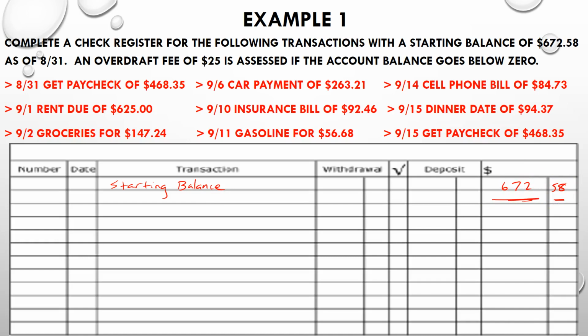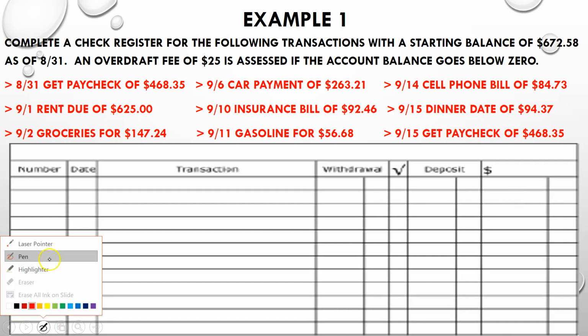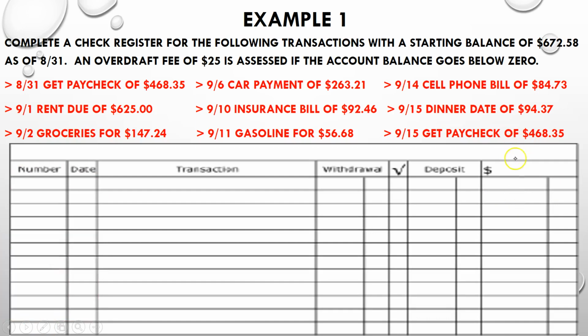Now, you can do it that way. However, most of these check registers come with a little place for you to put the beginning amount, the starting balance, without having to actually waste a line. So here I wasted a whole line putting in starting balance. I don't actually want to do that. So instead, I'm going to do what these things are really made to do, which is instead of putting it there, just put your starting balance right here.